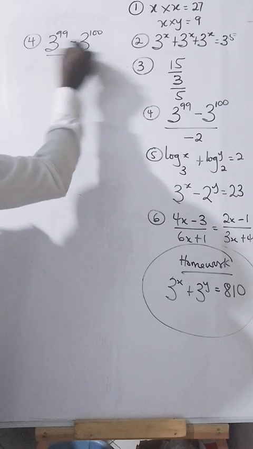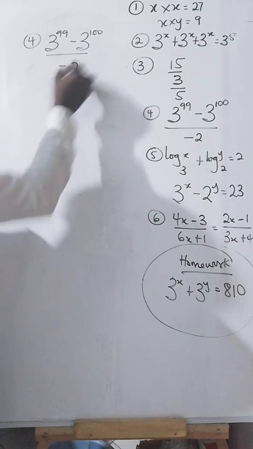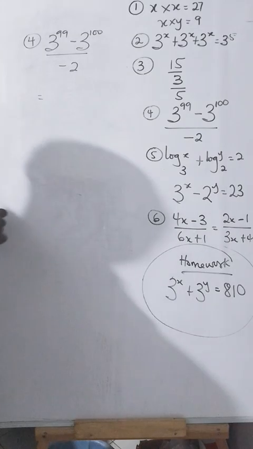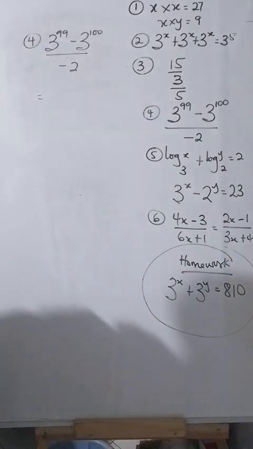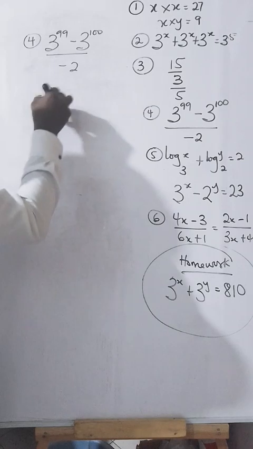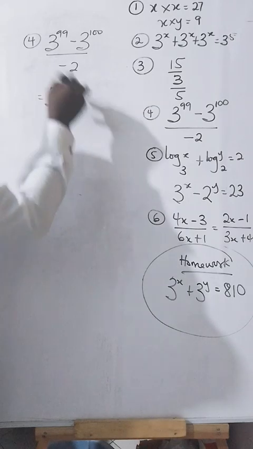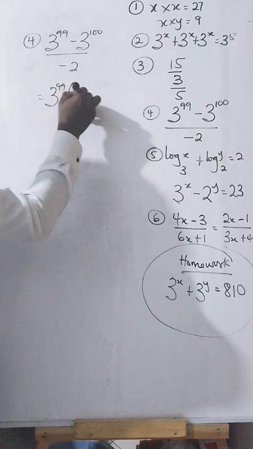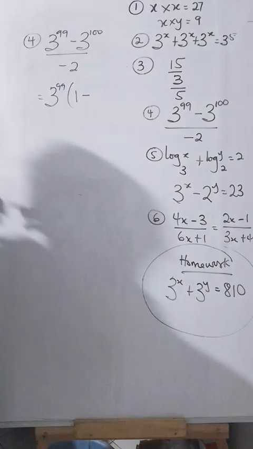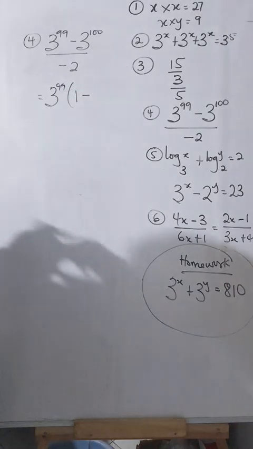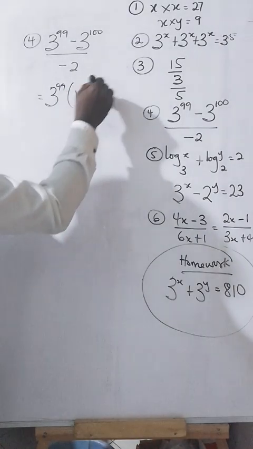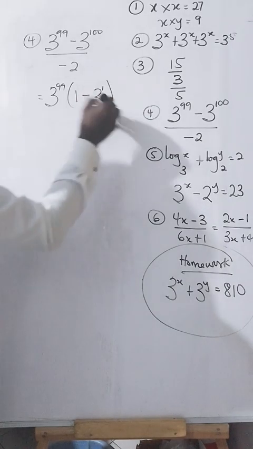We factorize out 3 exponent 99. Here, this side we left 1. And bring your minus 99. Here we left 3 exponent what? 1. Because you are multiplying, if you add the 99 plus 1, you get your 100 back. Good. Divided by the negative 2 here.